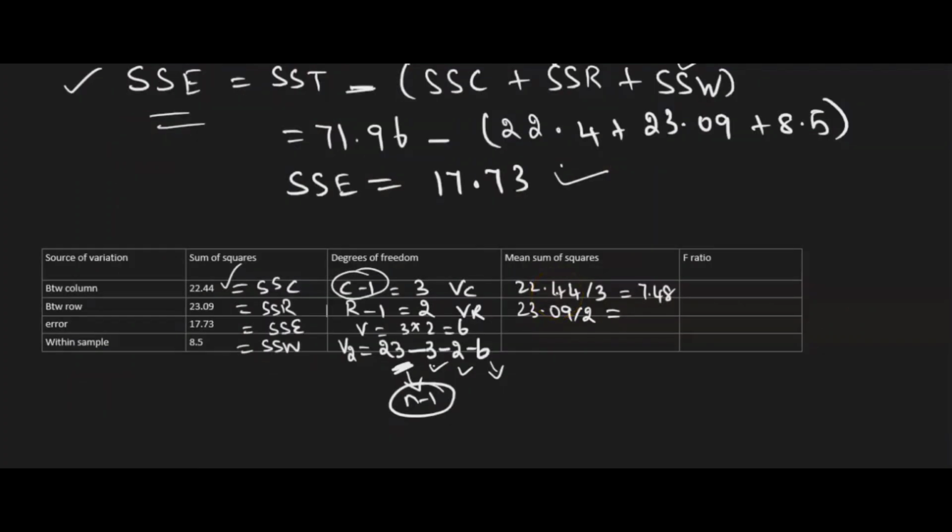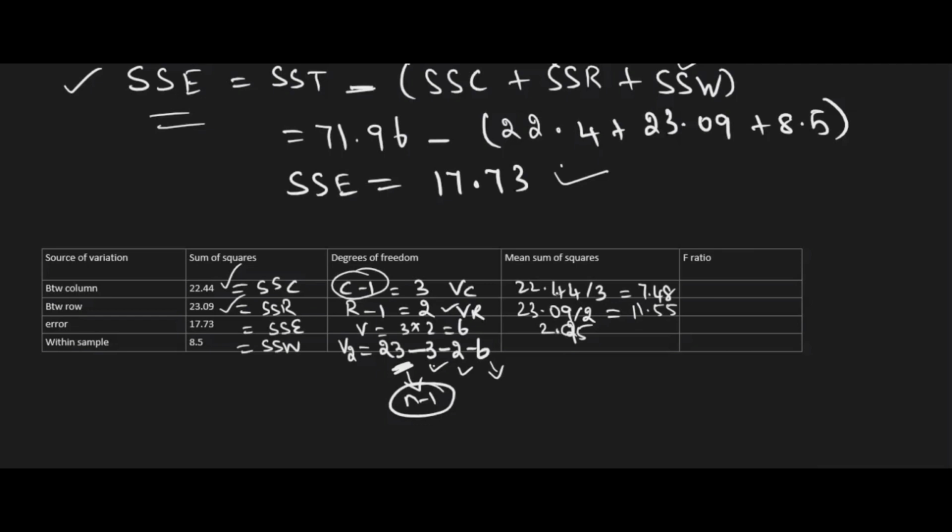22.44 by 3 gives 7.48, and 23.09 divided by 2 gives 11.55, and same way 17.73 divided by 6, I'll directly write the answer, 2.95, and the last one is 8.5 divided by this.